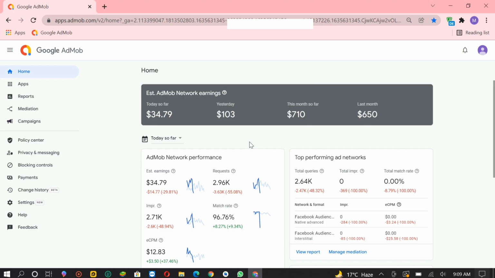Now my purpose in making this video is to make you aware that you can earn a bit of money from AdMob, if you implement ads in a perfect way, so the ad limit will not bother you in future. As you can see, today I earned $34.